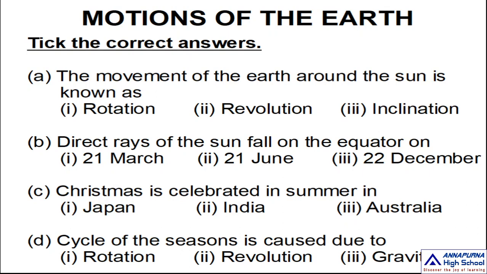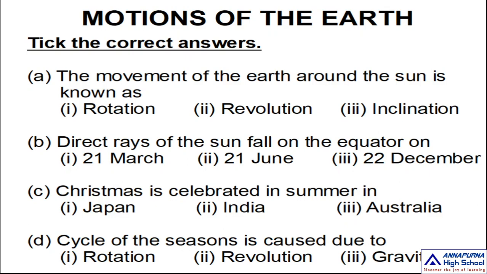That's why Australians celebrate the Christmas festival in the summer season. Next, cycle of the seasons is caused due to dash motion. Revolution. Due to the rotation, day and nights are caused; due to revolution, seasons are caused.